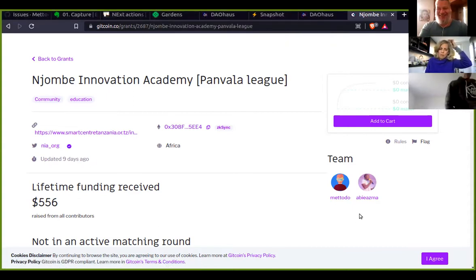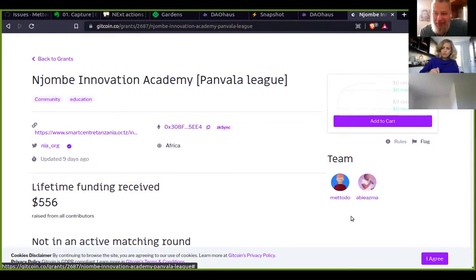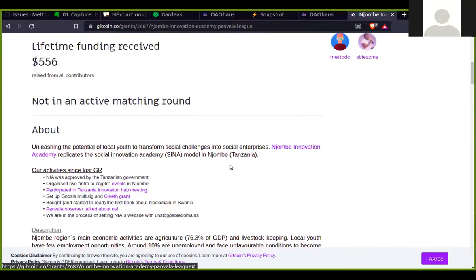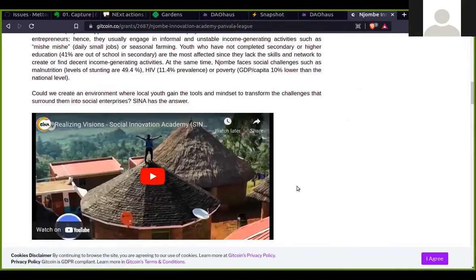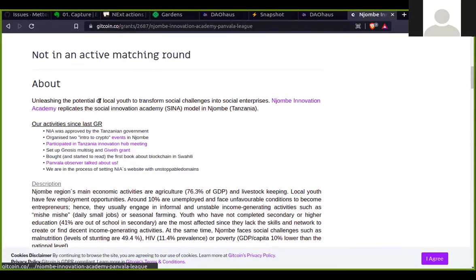Thanks. So we joined together with some other actors who are not that much involved but are also around us, with the intention to replicate the Social Innovation Academy, which is a model that has already been running in Uganda for some years, where youth live together in a self-organized community for some months, and they undergo a personal development process, getting to know their purpose, and then they end up establishing social enterprises that tackle local social challenges.